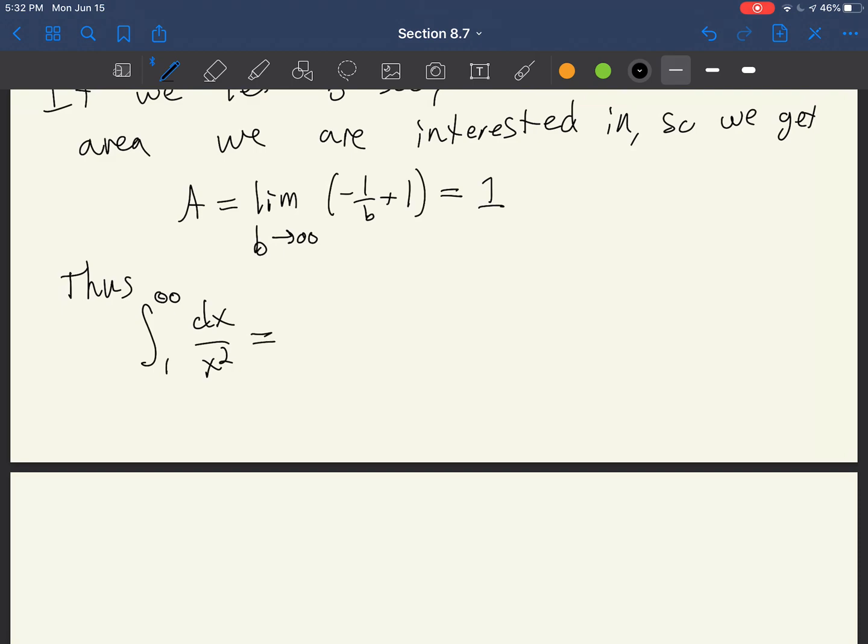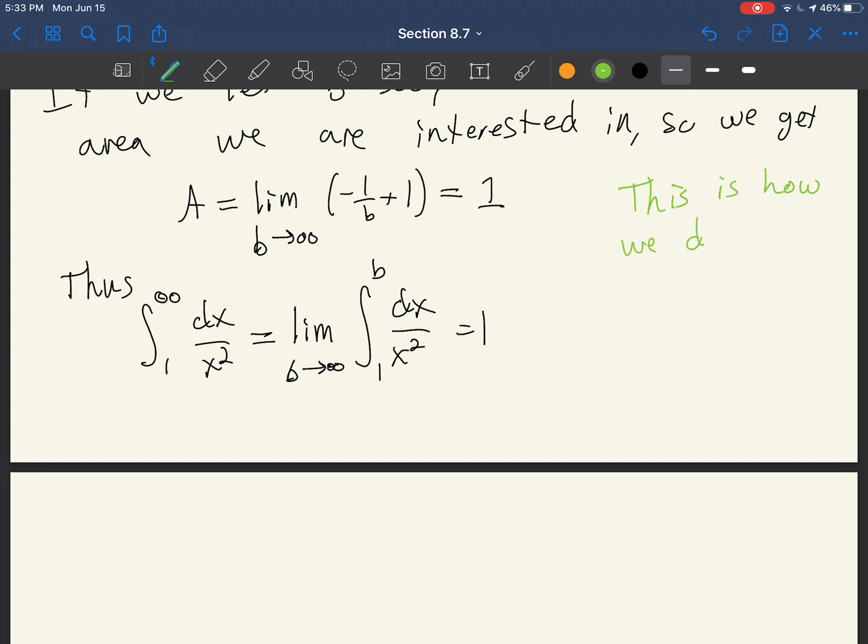Thus, the integral from 1 to infinity of dx over x squared, the way we did this is we said let's truncate this at b and then take the limit as b goes to infinity. And then that was 1. This is how we will deal with infinite limits of integration.